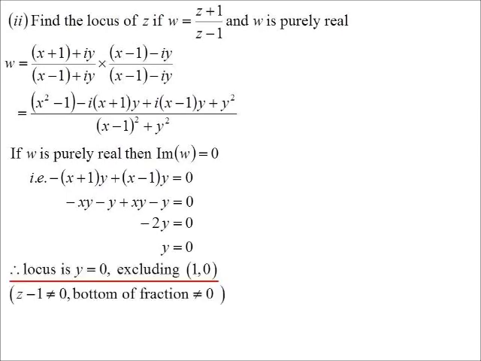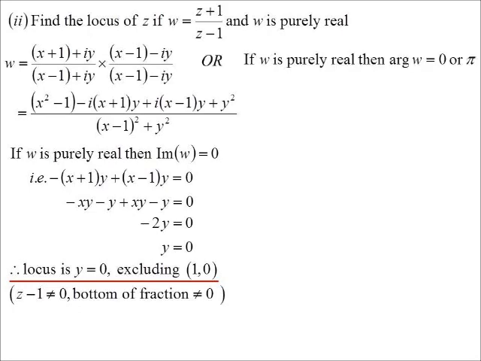However, excluding, let's go back to the original function. I can't substitute the number 1 in, because that would mean 0 was on the bottom of the fraction. So whilst I've said I'm going to substitute in y equals 0, I'm not going to include the point (1, 0). It's not included in our locus because of the bottom of the fraction.